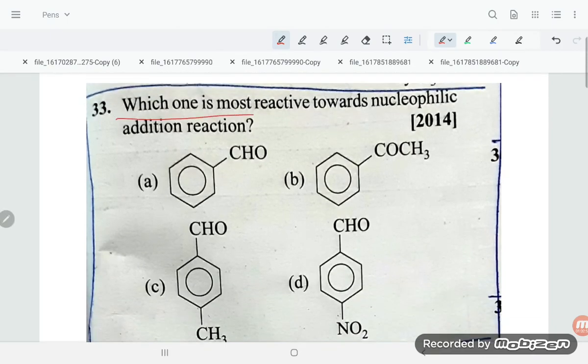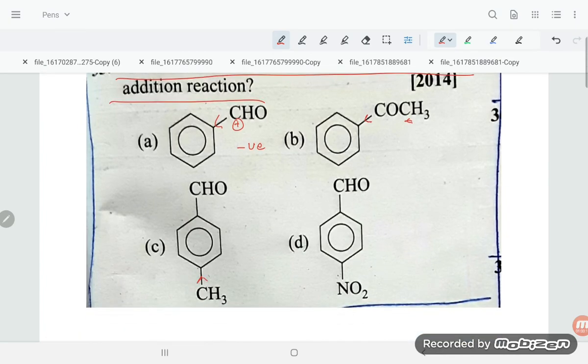Which one is the most reactive towards nucleophilic addition reaction? Which one is most reactive towards, okay, towards nucleophile, negatively charged? Okay, so here electron is going, so it is a positive center. Here electron is going, but it is supplying, so that much is not positive. Here is supplying, okay, and here is coming.